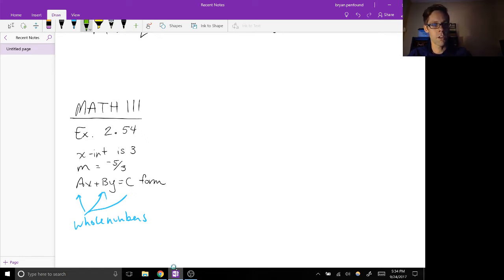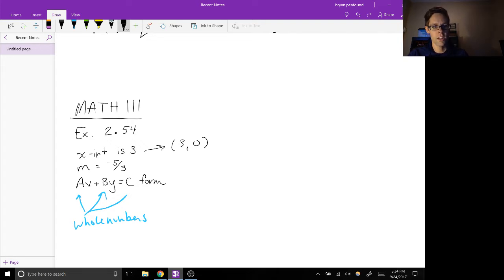Okay, so let's try to convert some of this stuff that they are giving us. So the x-intercept is 3. I would like this as an ordered pair or a point on my line. So in this case, the x-intercept would be given as (3, 0).